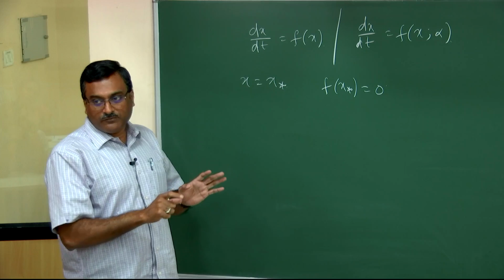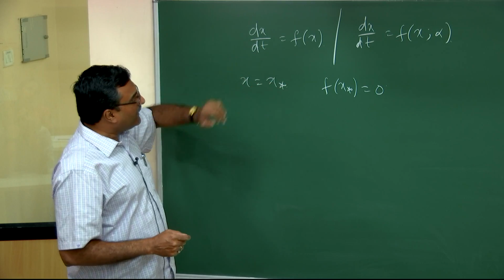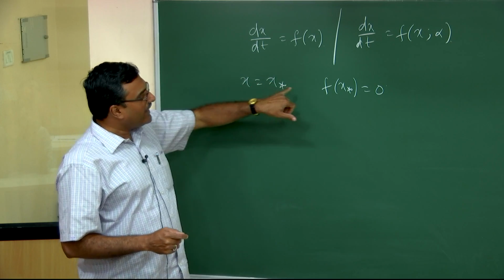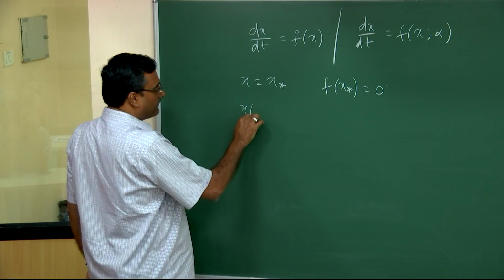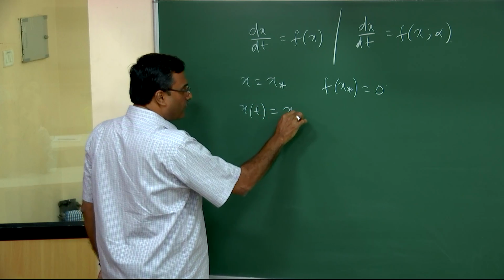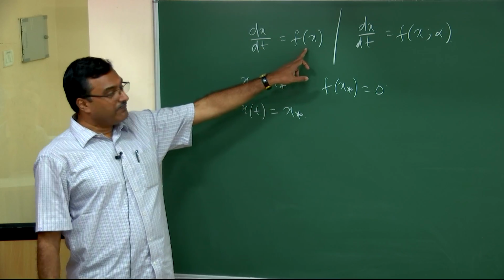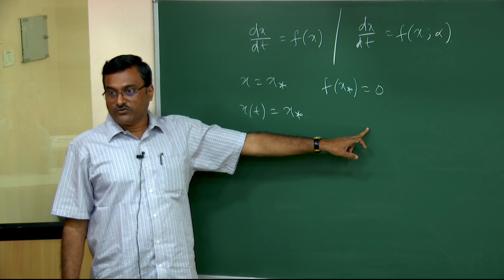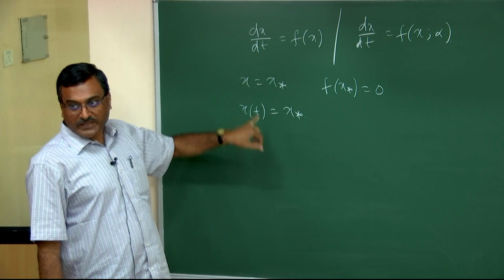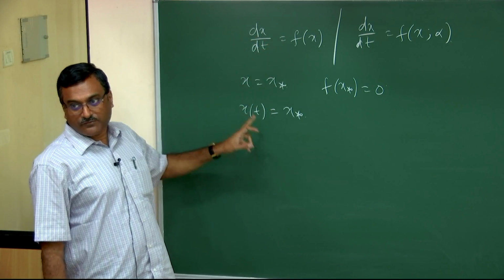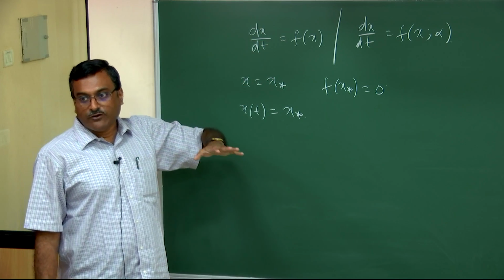For some of them we can manage a solution, but you can easily verify that if x equal to x star satisfies this condition, then x(t) given by this constant value x star is a solution of this equation, because f(x star) is by definition equal to 0 and the derivative of x star with respect to t is 0, so it satisfies the equation. Therefore it is an equilibrium point, and sometimes it is also called an equilibrium solution for the given system.